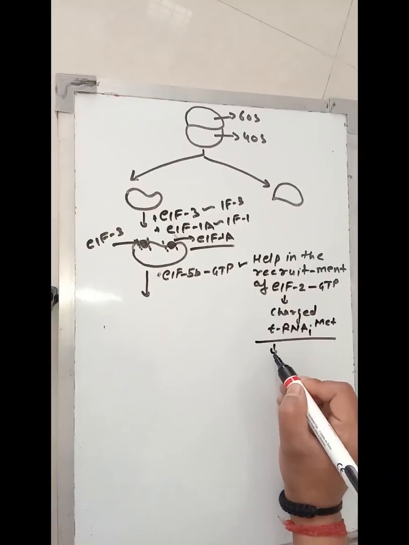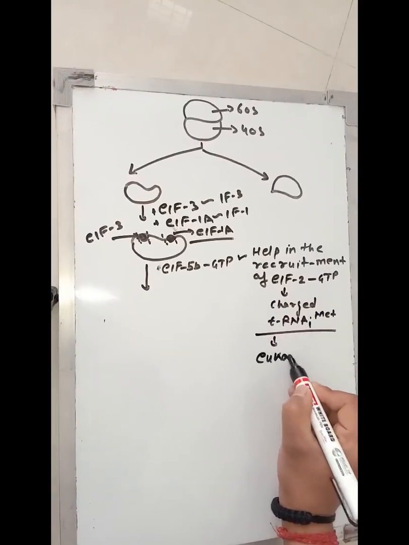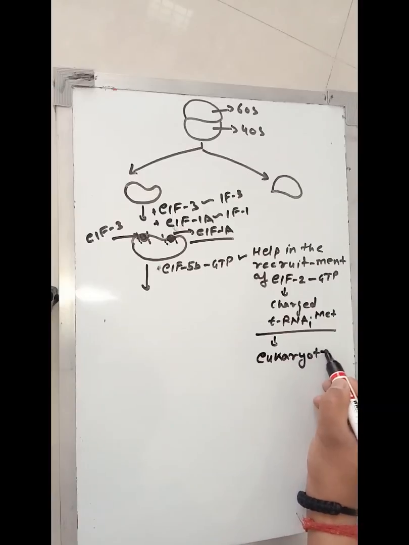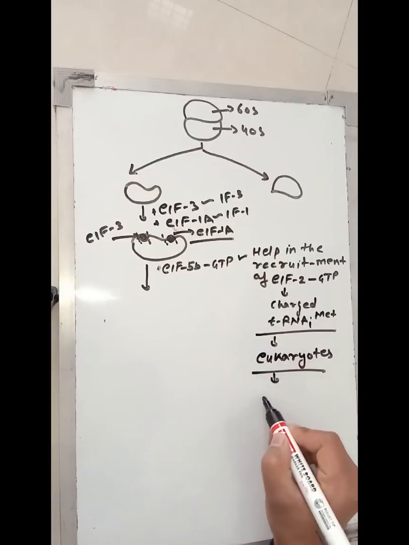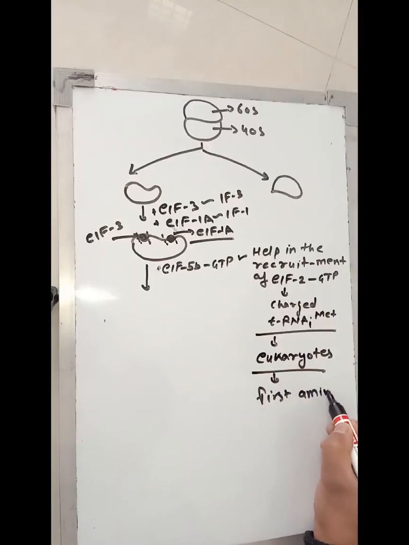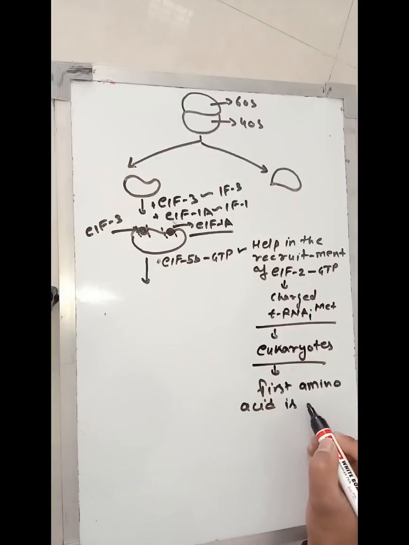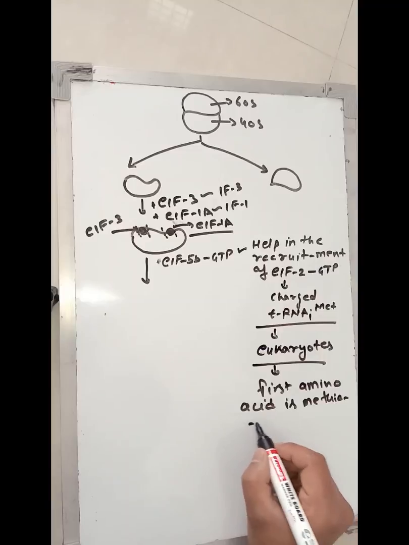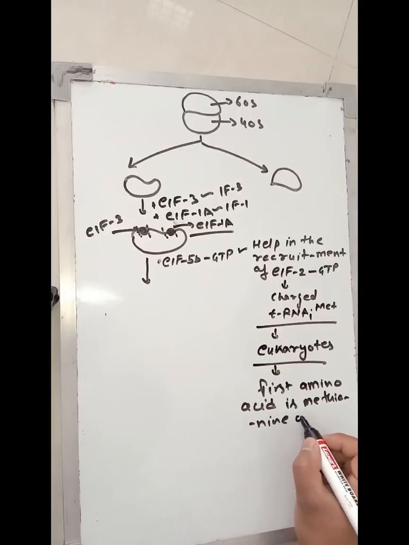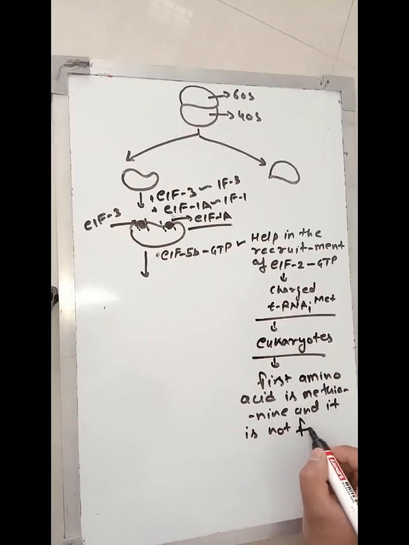One thing has to be noted: in case of eukaryotes, the first amino acid is methionine, and it is not formylated.